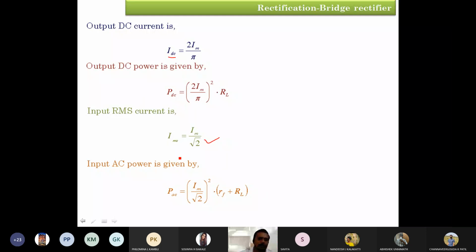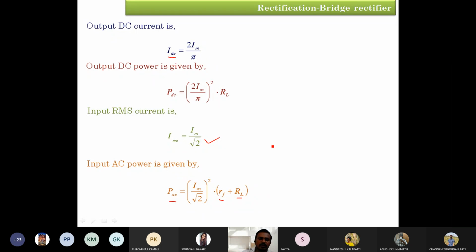The input AC power is given by the root mean square value of the current, IRMS, squared, into the 2 resistances which are going to be there at the input side. One is the diode resistance RF, another one is the load resistor RL.